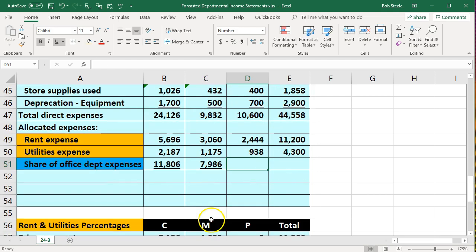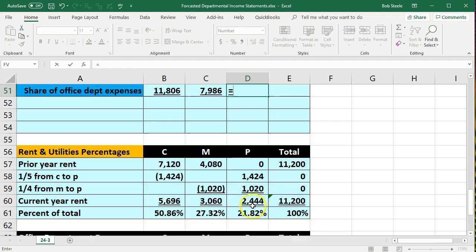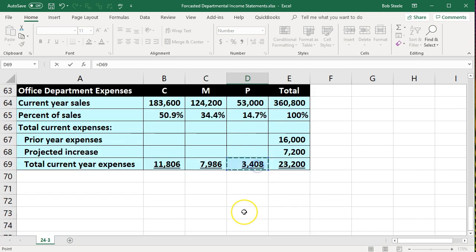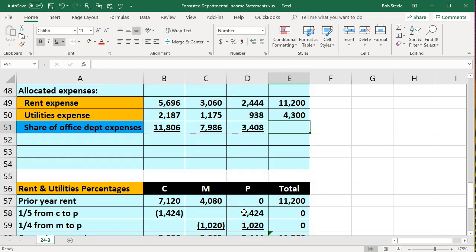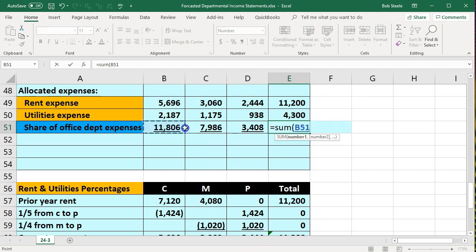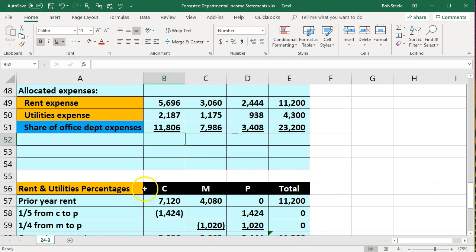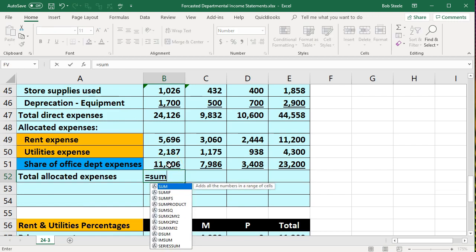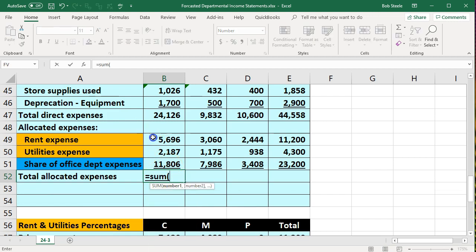And then for P, we're going to say this equals, scroll back down, and we want that 3,408 tab. And then we're going to sum this up, equals the sum of those three numbers, and enter. That'll give us the total allocated expenses.